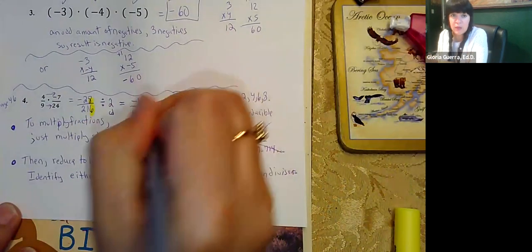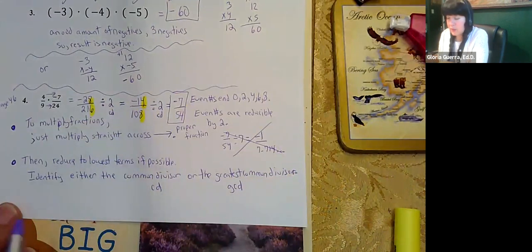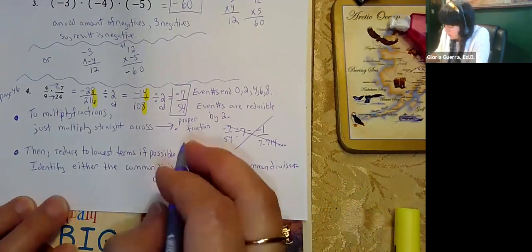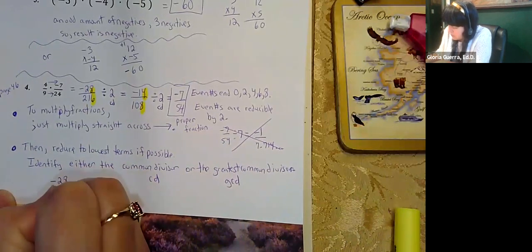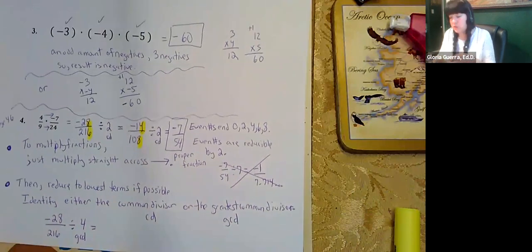But 2 times 2 is 4, and that would have been the greatest common divisor. So I could have started with negative 28 over 216 and divided by 4. You would have gotten there a little bit faster.